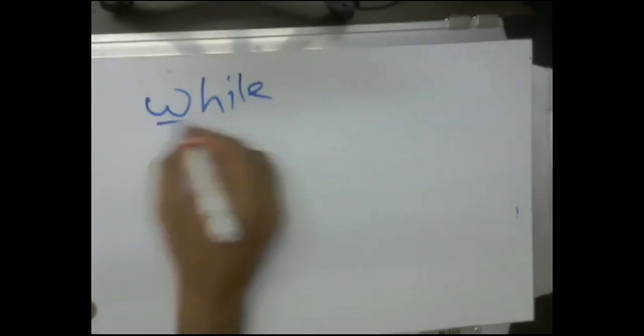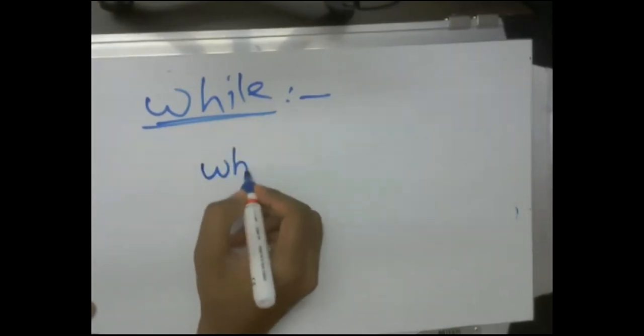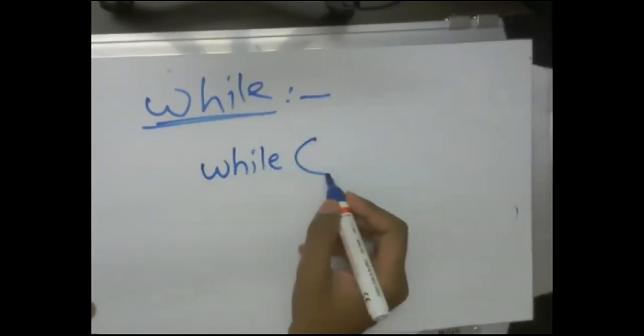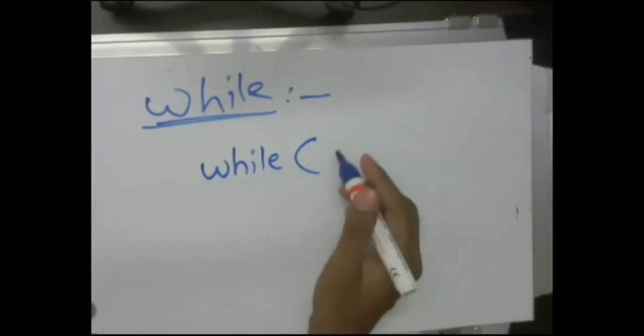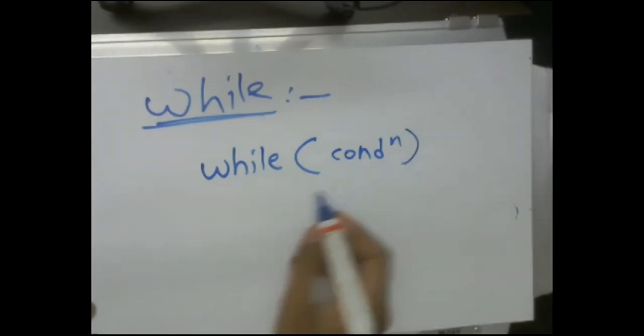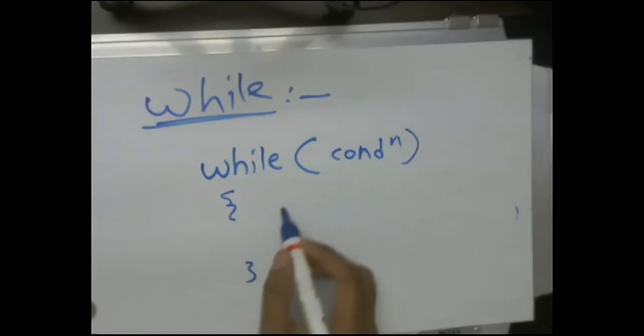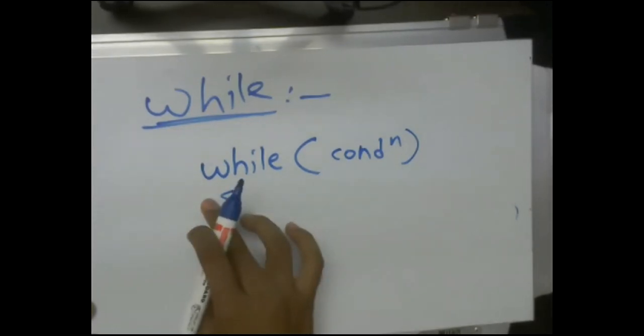First is the while loop, how it can be used. The syntax is very simple, very similar to your C language: while, and we put the condition here, and curly brackets. The curly bracket is optional. If there is only a single statement, no need to put the curly bracket.